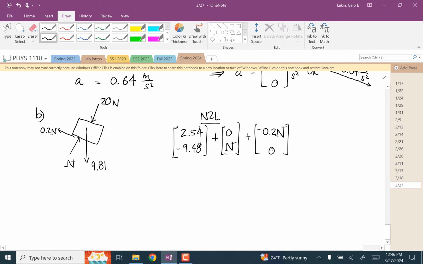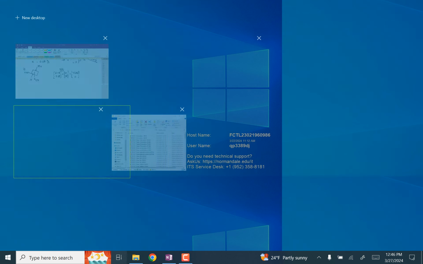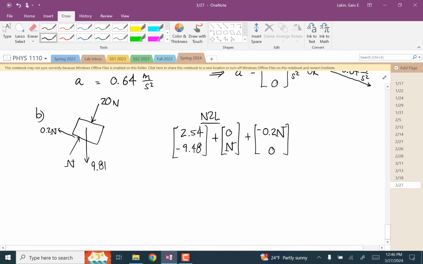And then what direction is that 20 newton force in? Negative y, yep. So 0, negative 20 is equal to 1 times a_x, a_y.